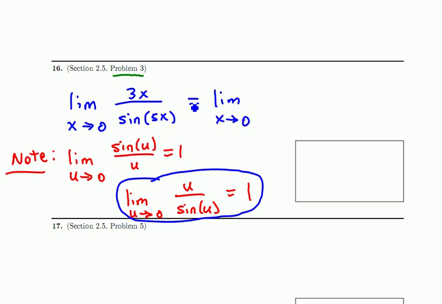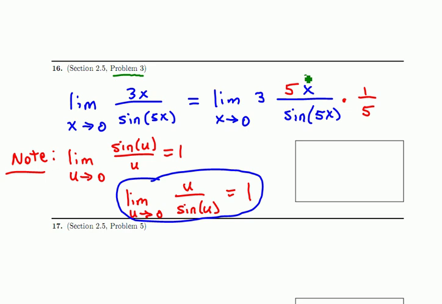So limit as x goes to 0, pull the 3 out front. Now I'd like to have a 5 up in the numerator to multiply by my x. So I'll put one there, but I'm going to have to compensate, and the way I'll compensate for that is by multiplying by a 1/5.